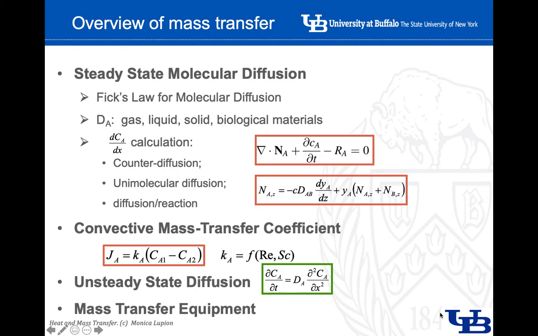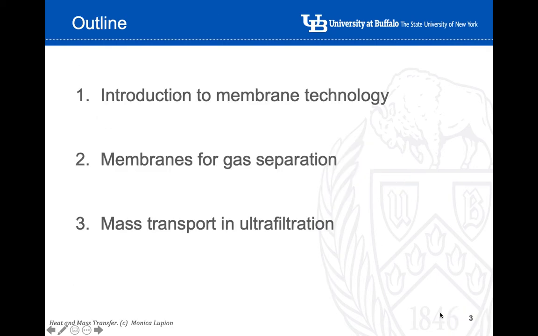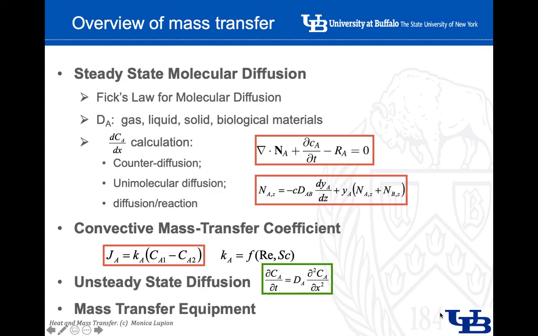We covered different aspects related to steady state molecular diffusion. We defined, if you recall, 3 different scenarios: counter diffusion, unimolecular diffusion, and diffusion with reaction. And then we also defined the convective mass transfer coefficient.